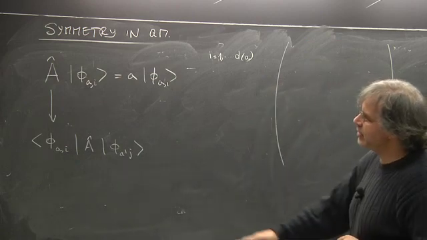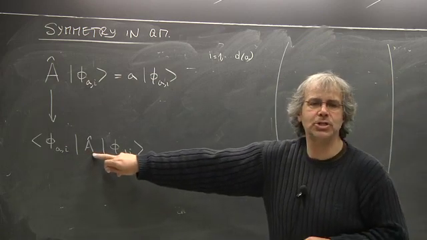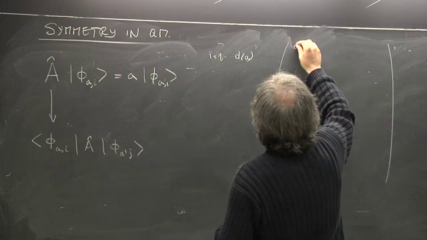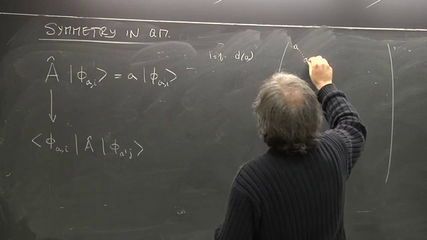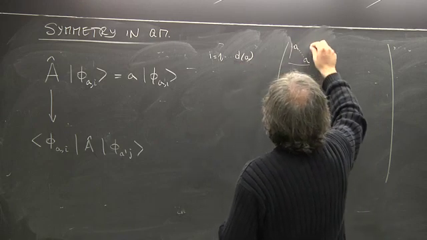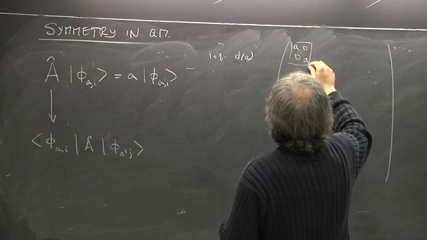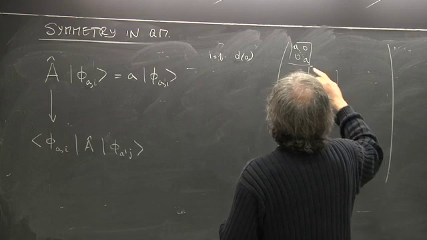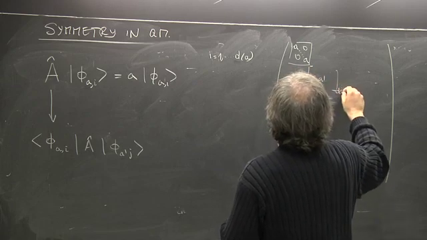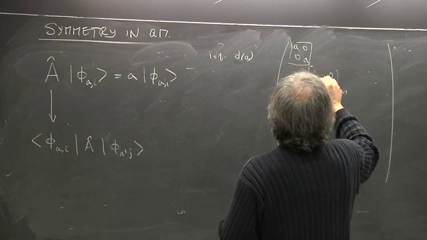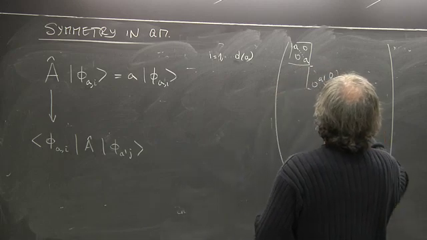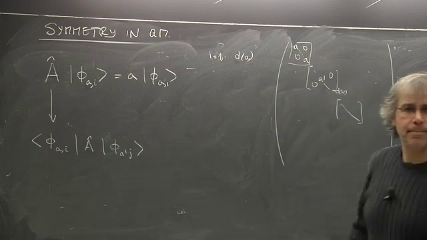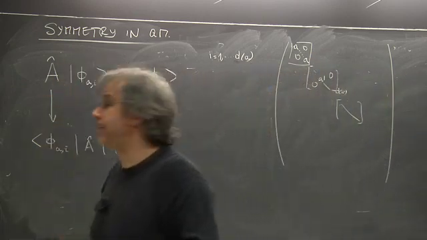But if these are eigenstates of A, the matrix is diagonal. So for instance, we have a certain A repeated a certain number of times on the diagonal and zero everywhere else. Then another A, A prime, with a certain degeneracy d A prime, and all zeros, and so forth. They are blocks of a certain dimension, depending on the degeneracy. This is for any Hermitian operator.